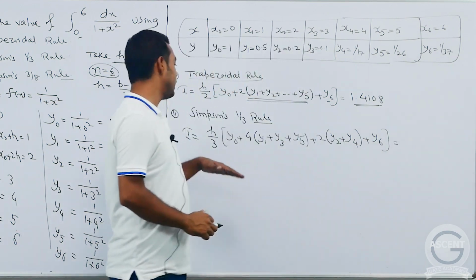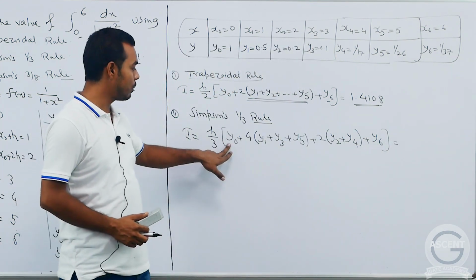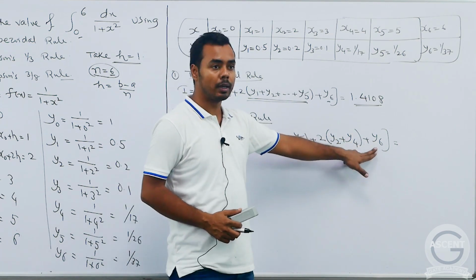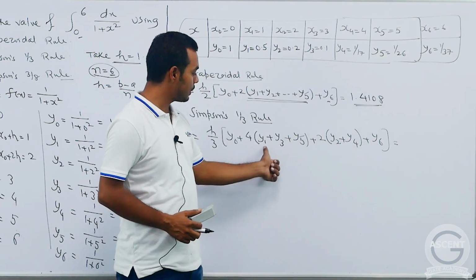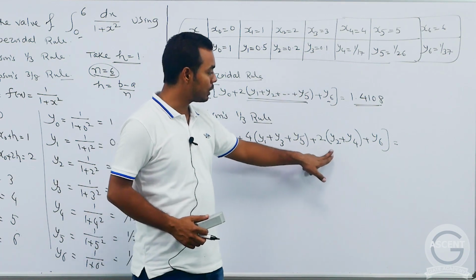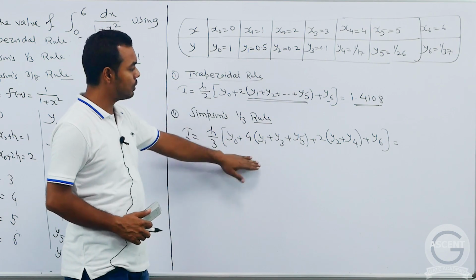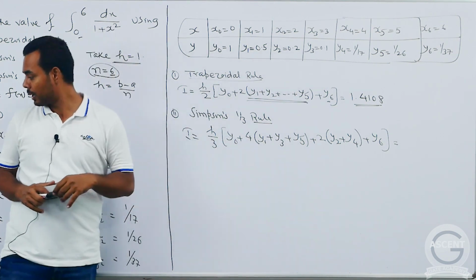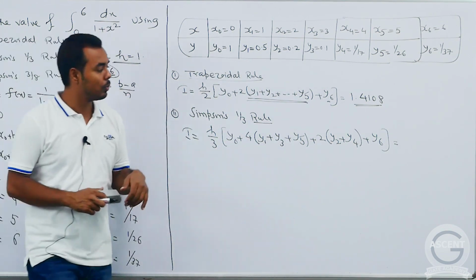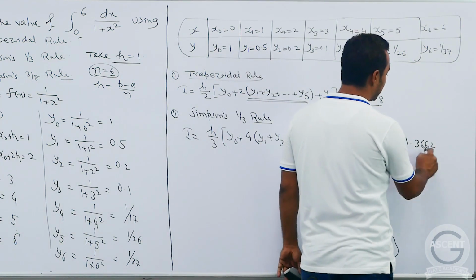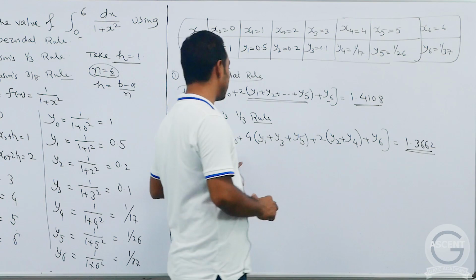Okay, so this will be the formula for Simpson's 1/3 rule. Remember that in all the three formulas the coefficient of y0 and yn is 1, 4 times terms with odd coefficient and then 2 times terms with even coefficient. So if you substitute these numbers, then the value of integral that you are going to get is 1.3662. Okay, this will be the value of integral using Simpson's 1/3 rule.